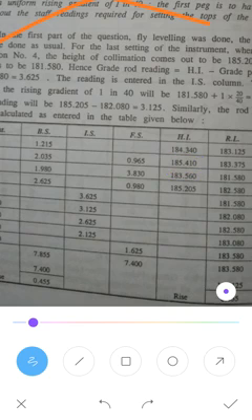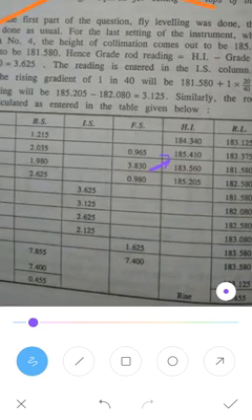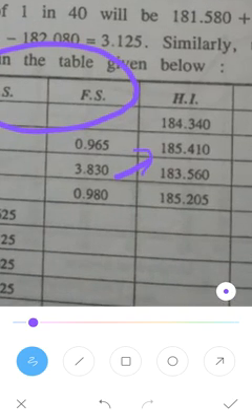This 185.410 minus 3.830, because I told you, HI minus either intermediate side or foresight, you have to do minus.